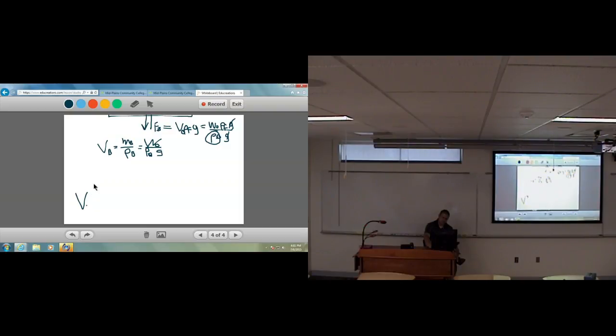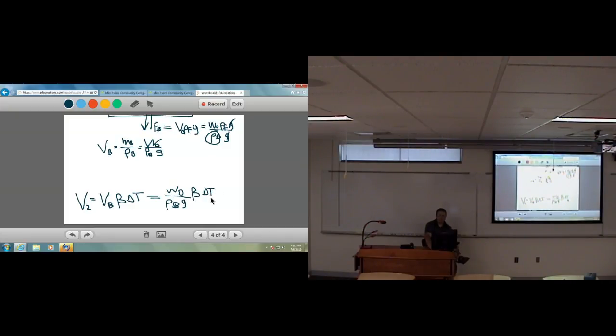I'm going to call the volume of the body in tank 2 volume 2, and that's going to equal the original volume VB times beta times delta T, right? VB we already have as the original weight over rho B g, times beta times delta T.